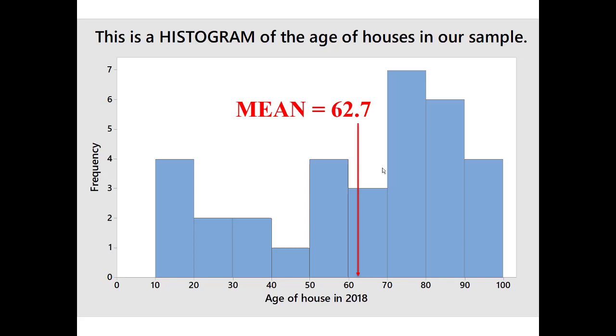We first see that when we add up all of the ages and divide them by 33, the mean is 62.7. So the average age of houses in this sample is about 63 years old.